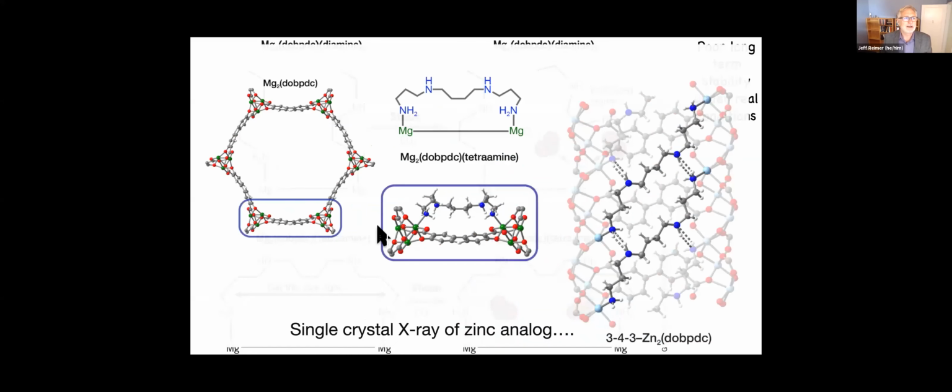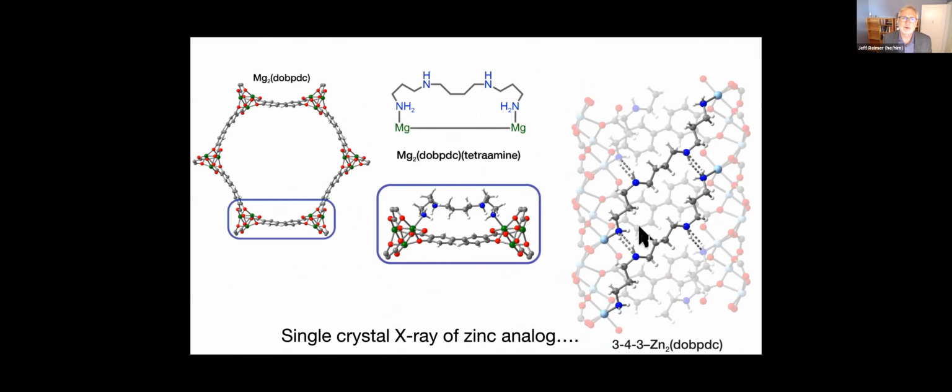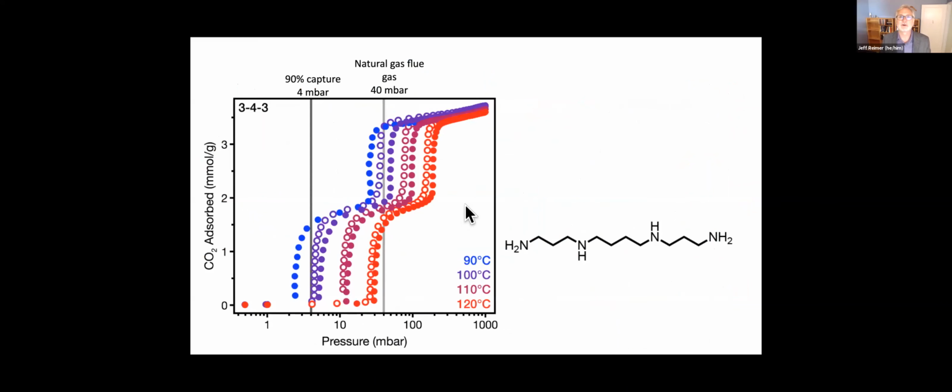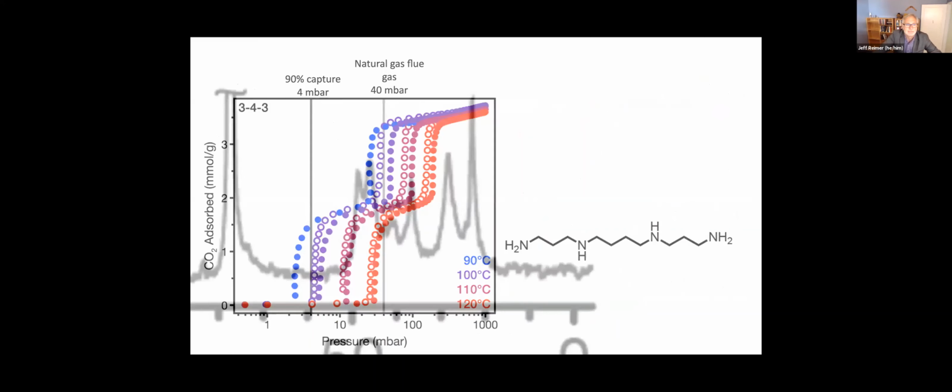So this was done. Here, for example, is an X-ray structure of the zinc analog. And the zinc analog shows exactly what you'd expect, namely that you have a metal-nitrogen bond at one end of the tetraamine and a metal-nitrogen bond at the other end of the amine. It's the magnesium compound, though, that exhibits the kind of chemistry that we need in order for these experiments to be effective.